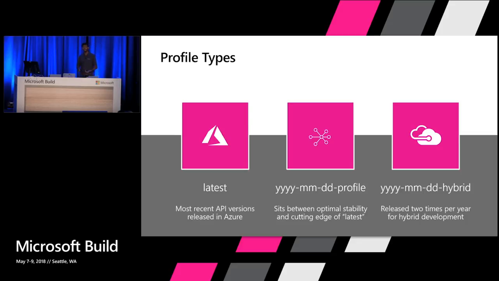And if you wanted to target hybrid clouds and hybrid deployments, we have the hybrid profile. Again, these are all year, month, day, and then this identifier, except for latest, which is always just latest. That's released 2 times a year, and it's guaranteed to work on a fully updated Azure Stack.